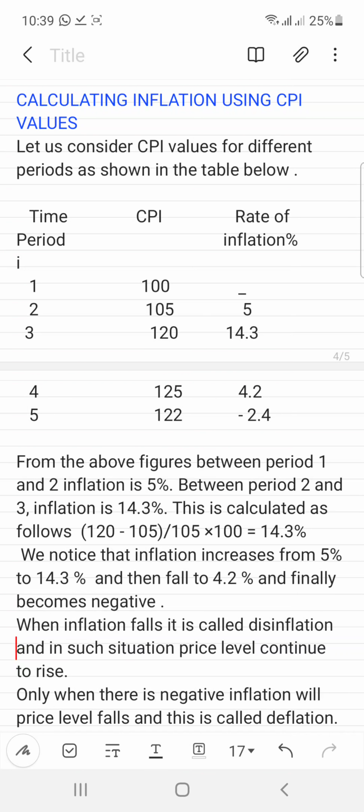Now, as long as the figure of inflation is positive, we are going to have an increase in our prices. Our prices will be rising. So, if we compare period 1 and period 4, we can conclude that during period 4, prices were at their highest level.